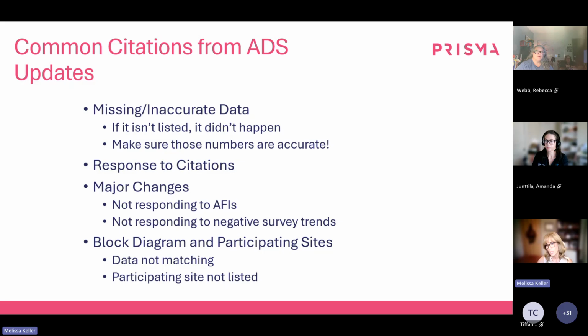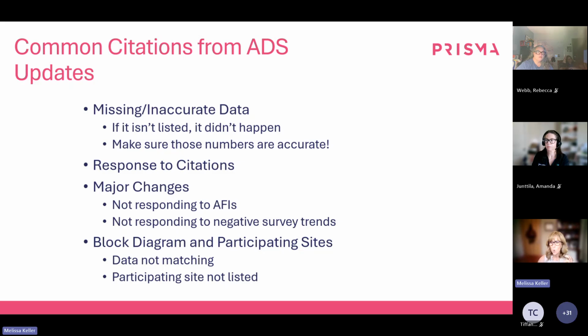Another one is your block diagram. We did have a program here that got a citation for their block diagram. Again, it was one of those programs that had some problems since they were digging. And when they got down to it, this was not a family medicine program, it was a different one, the residents didn't have the exact right number of days in clinic. Their specialty required that you put how many half days they had in clinic per year.